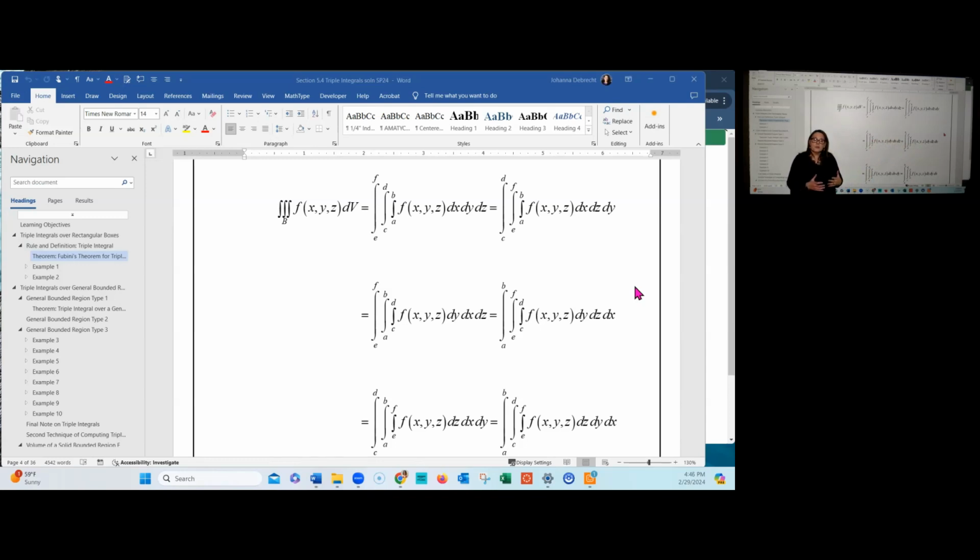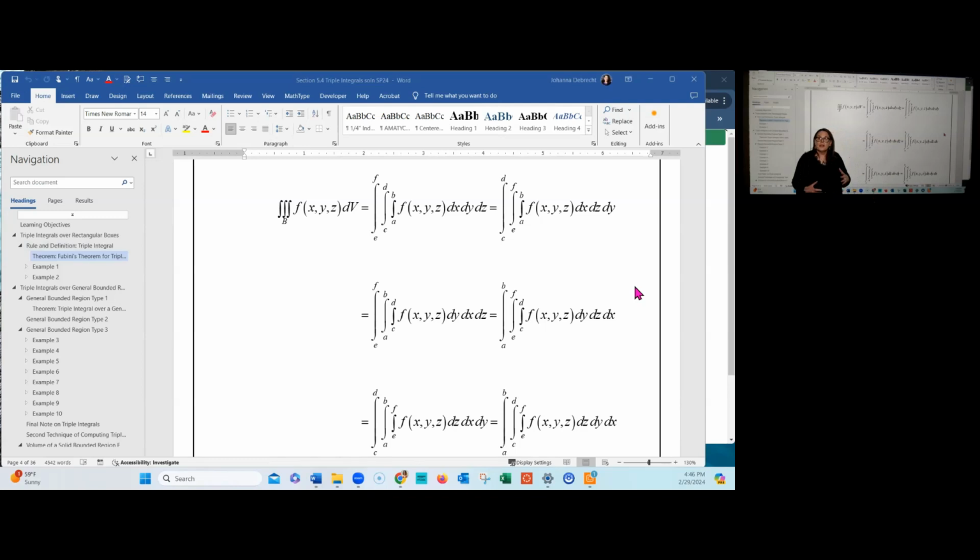And we're going to find that with rectangular boxes, it generally doesn't make much difference. With a rectangular box, the a, b, c, d, e, and f limits are all constant values, so it doesn't make a lot of difference which order you integrate with respect to first.